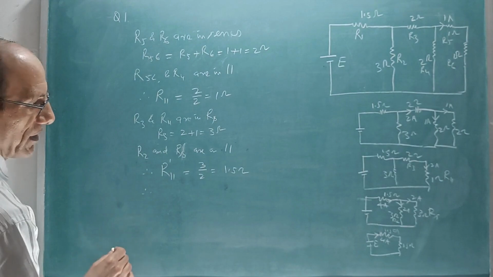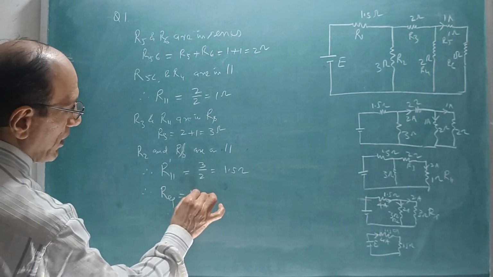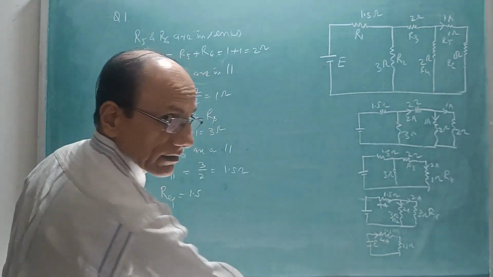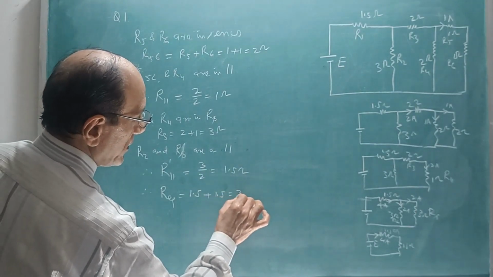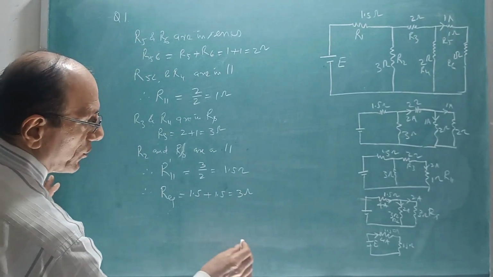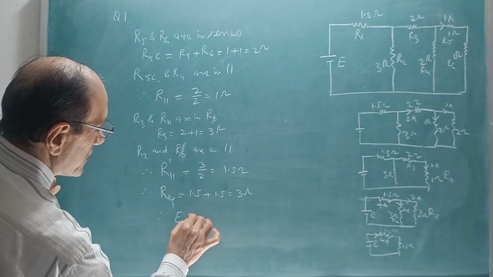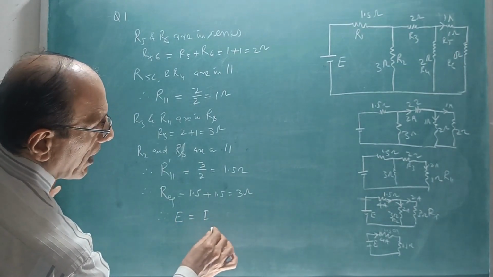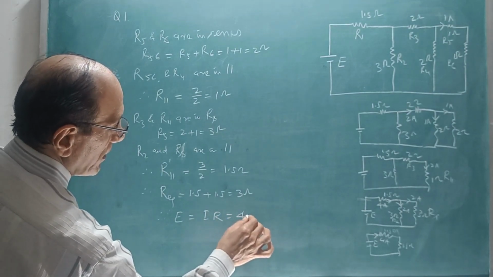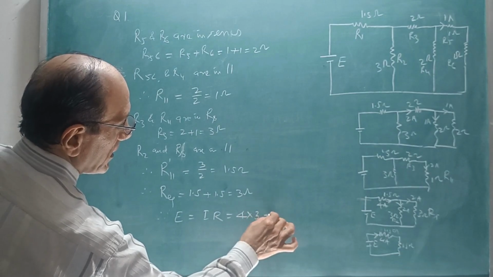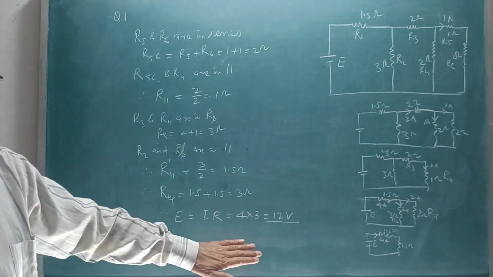So therefore net R equivalent will become 1.5 plus 1.5, they are in series, that is 3 ohm, and so this E becomes I into R, where I is 4 ampere and R is equal to 3, that is equal to 12 volt. So the answer is 12 volt.